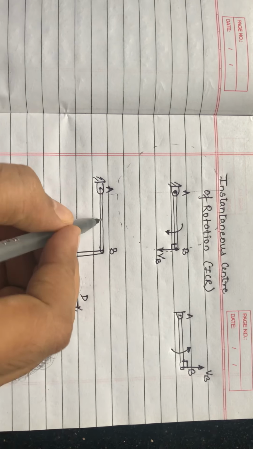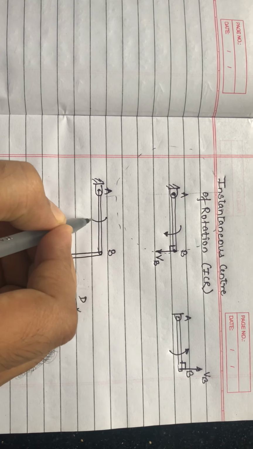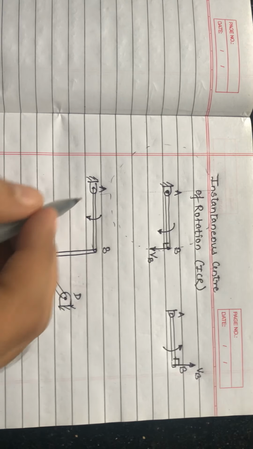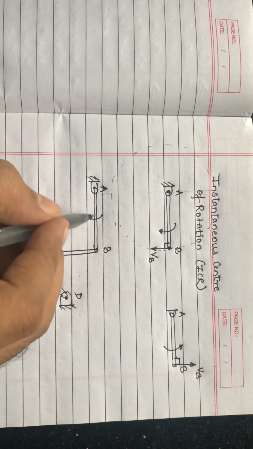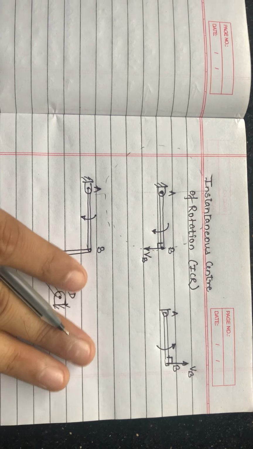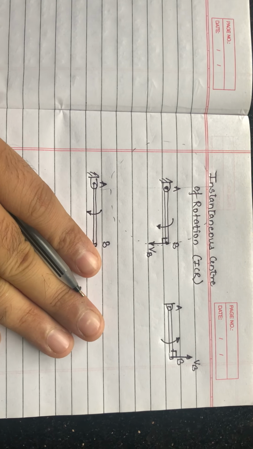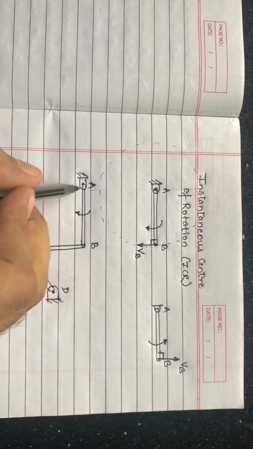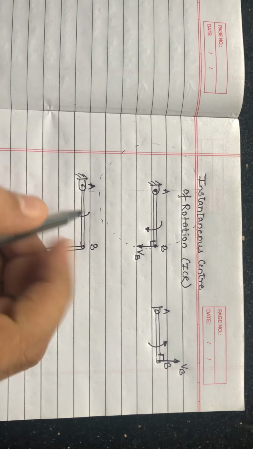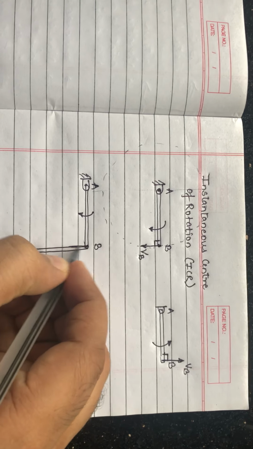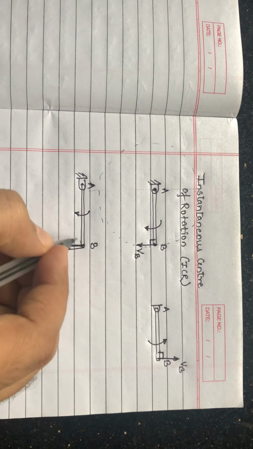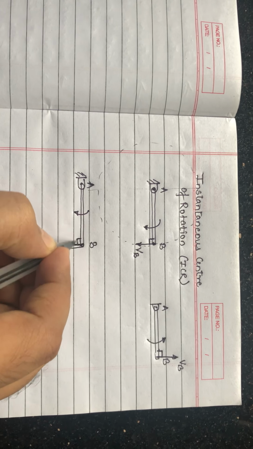Now here, let's take AB as rotating in a clockwise direction. If AB is rotating in a clockwise direction, the rest need not be considered, only think about A and B. If I talk about the rod AB only, then AB will have a velocity which is perpendicular to AB.